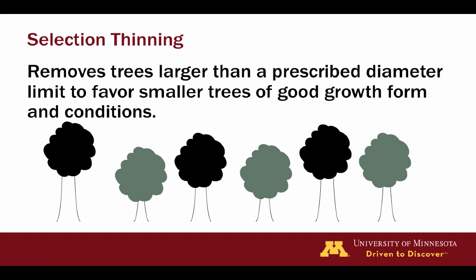Selection thinning, we're removing trees larger than a prescribed diameter, or larger trees, to favor those smaller trees. This one can get a little tricky, as it can border on high grading. High grading is a negative thing. High grading is basically taking the best, leaving the rest, which is the opposite of silviculture. Silviculture is always thinking about that future, thinking about improvement.